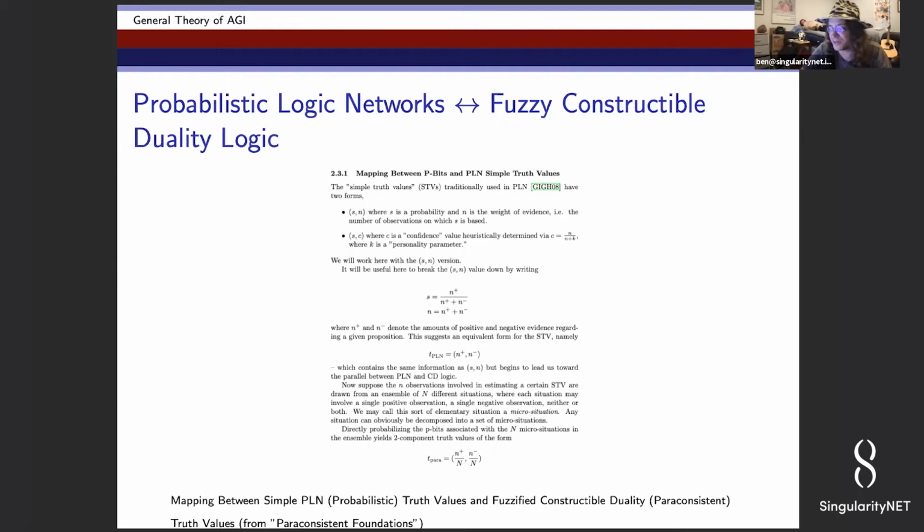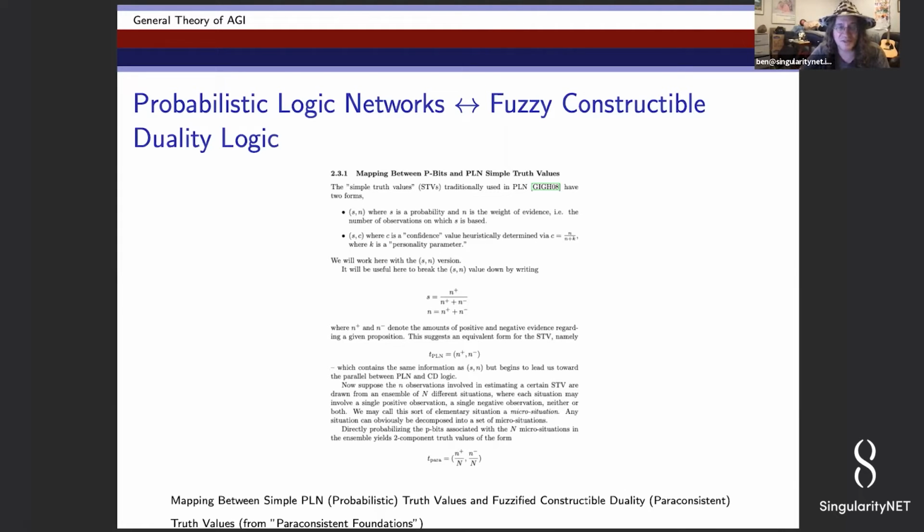And then what you do, you count the number of positive evidential observations about your hypothesis divided by the number of situations, or you count the number of negative evidential observations about your hypothesis divided by the number of situations. And then that pair of numbers, n plus over n, comma, n minus over n, gives you an uncertain paraconsistent truth value. And so it's a different normalization.